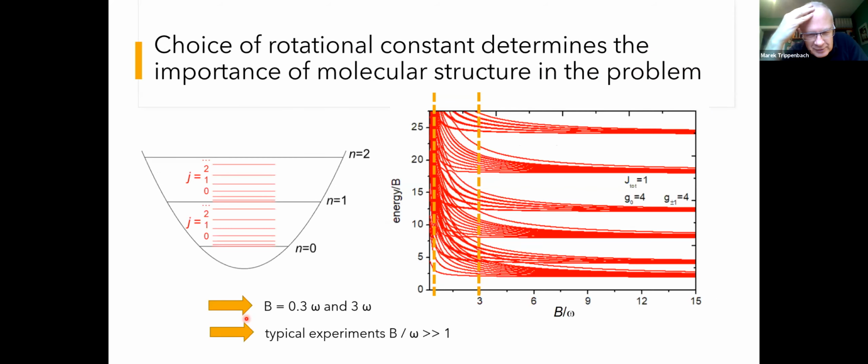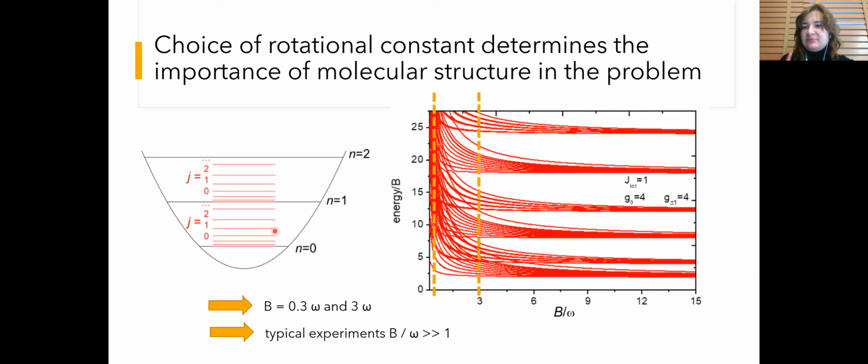Can I come back, because I have a question: so a tight trap is omega big, right? Yes. When omega is big, the spacing between harmonic levels is big. So then you can have many rotational levels before you encounter the next trap level.